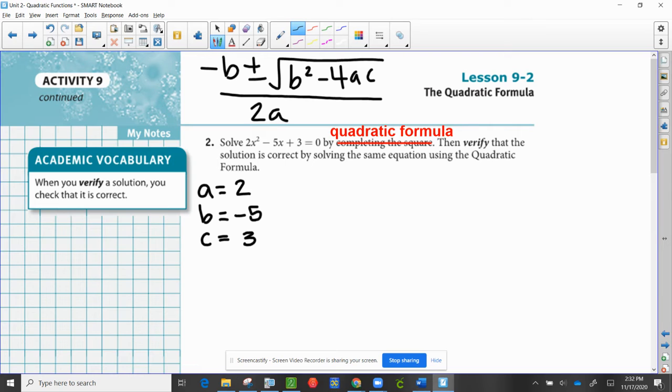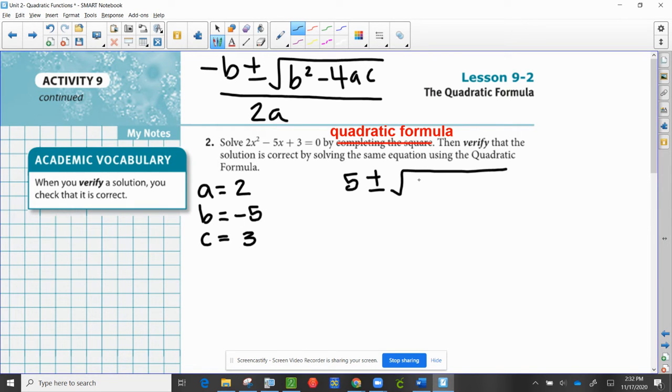So now we're just going to put it into the quadratic formula. So when it says negative b, I always think of that as the opposite of b. So if b is negative 5, we're going to use positive 5 in our formula. Plus or minus b squared. So this would be negative 5 squared. So I always do this in my head.